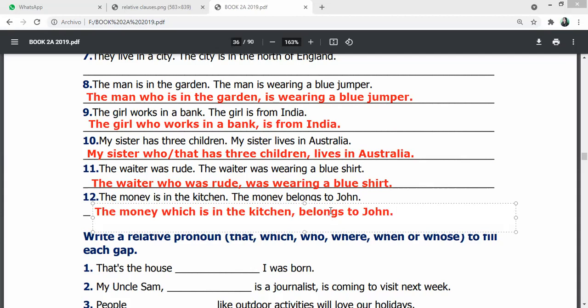Or we can say the money which, or whose, we can say whose, which belongs to John is in the kitchen. Okay.